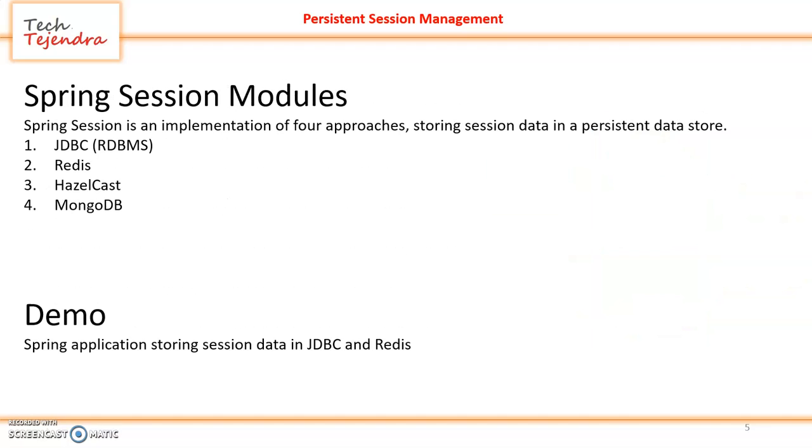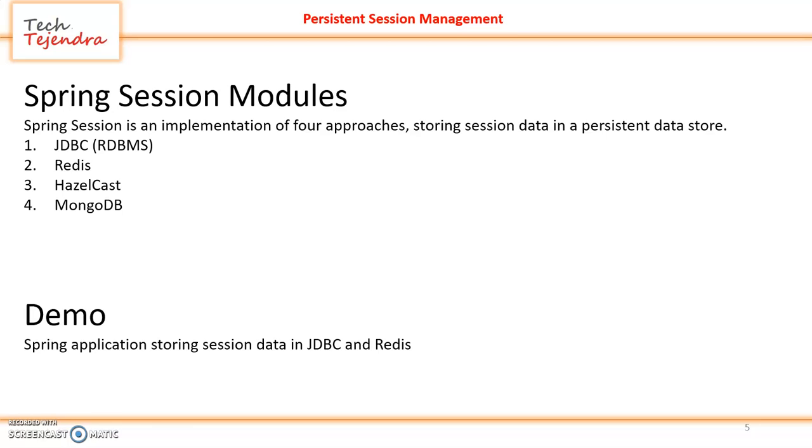These are the four modules provided by Spring for session management. One is storing sessions in an RDBMS by using JDBC. Another one is Redis, which is an in-memory database. Hazelcast is also an in-memory database where we can store sessions. And then MongoDB, since NoSQL is gaining popularity nowadays.